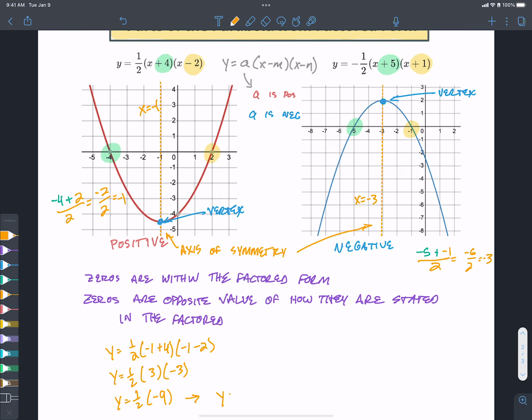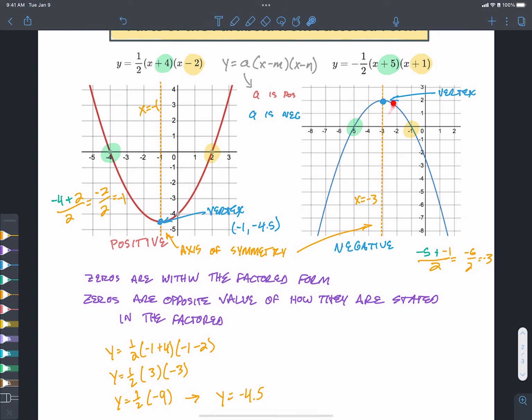Therefore y would equal -4.5. And if we look right here, we can see that this goes down to -4.5. So our vertex is (-1, -4.5). The -1 comes from our axis of symmetry, and the -4.5 comes from dropping that axis of symmetry into our equation and solving to find the y value.